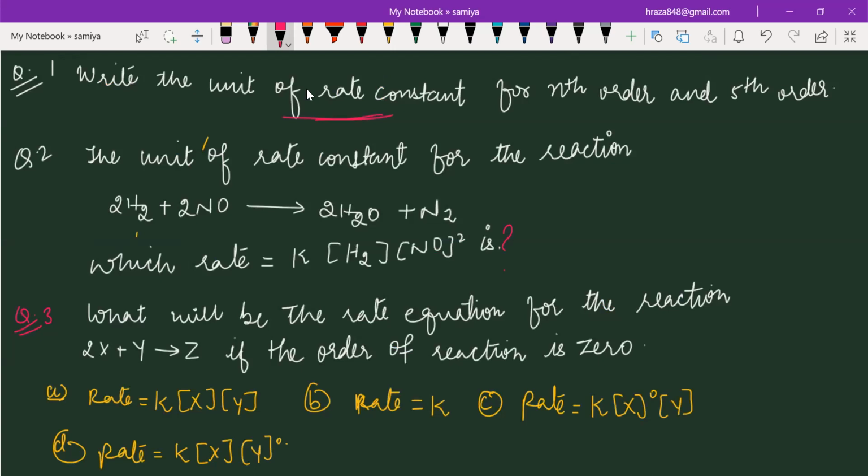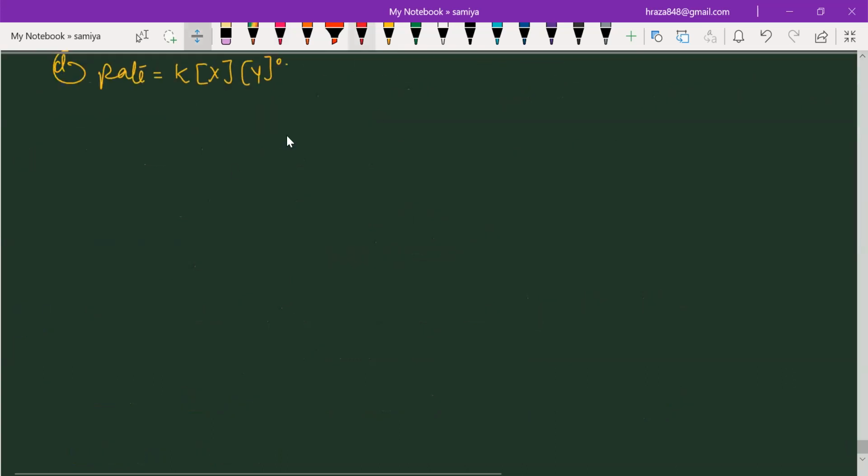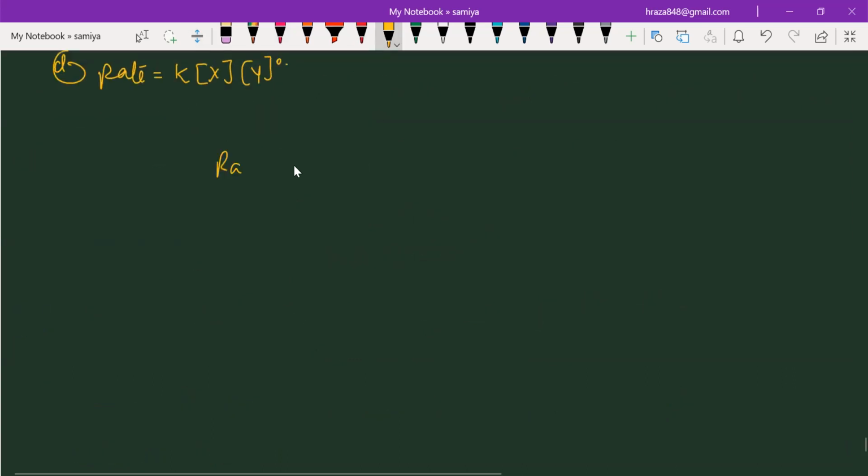First of all, there is a rate law expression. Rate will be equal to K into reactant raised to the power. Since we are talking about 10th order, just suppose, so the power will be 10 because the order of the reaction is 10. It's given. Yes or no?